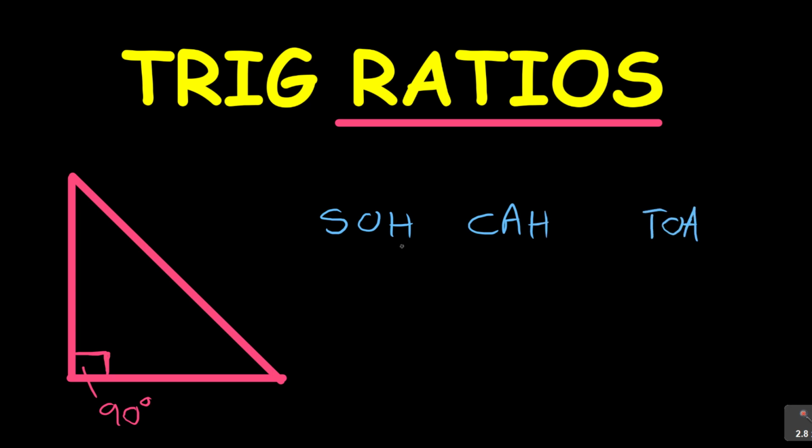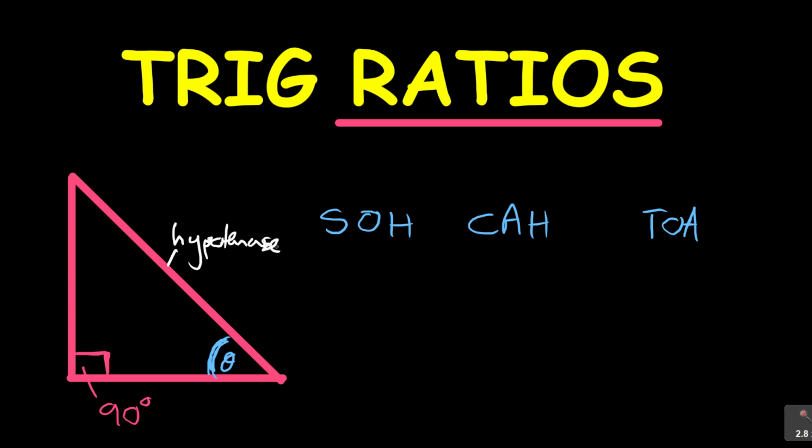So when you're talking about trig ratios, we are talking about SOHCAHTOA. As I said, this is a right-angled triangle, and you need to know how to label this triangle. The first part is to identify an angle on the triangle. Once you identify the angle theta, you can label it: the longest side is your hypotenuse.